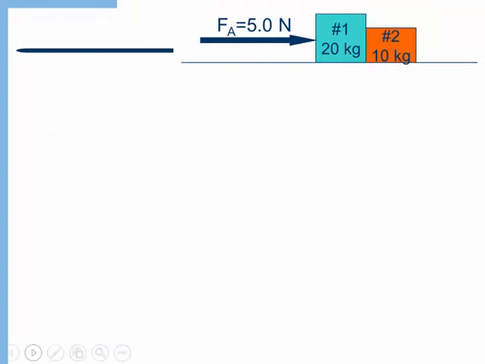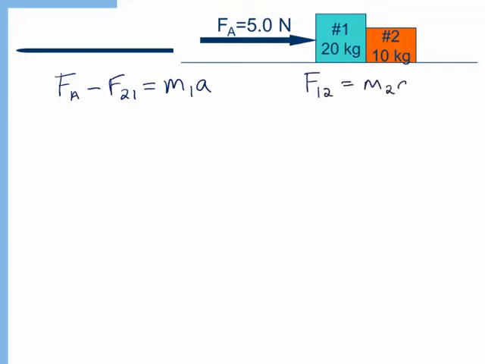Let me copy these equations over to the next slide. So we have Fa minus F21 is equal to m1a, and F12 is equal to m2a. Now, remember, we're trying to solve for F12 and a. We've got two equations, so we can solve for two unknowns.